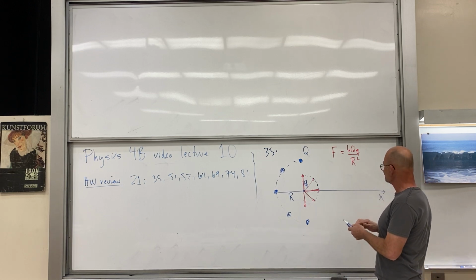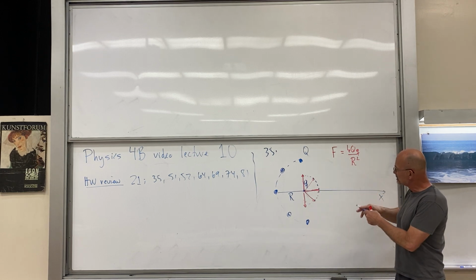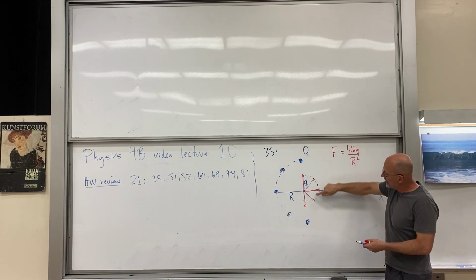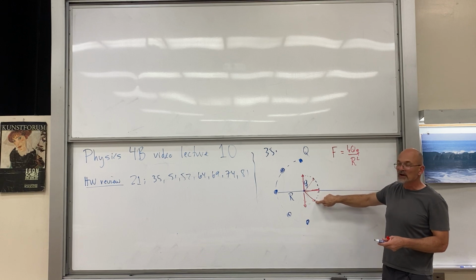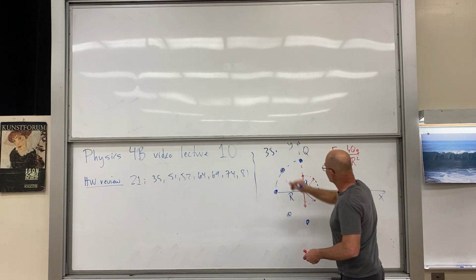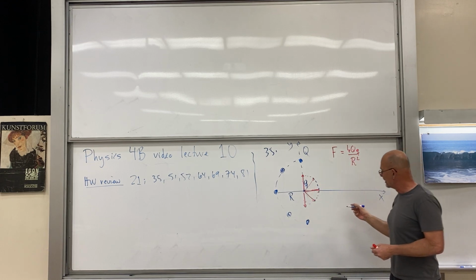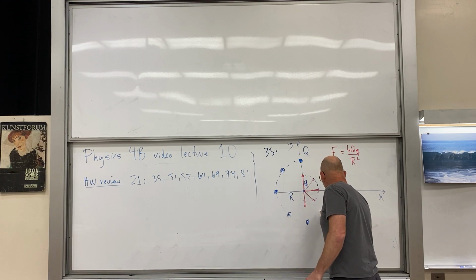So here goes. The net force by symmetry is in the x direction because these two here have a cancellation along the y-axis. We could define a y-axis like that. The resultant is all in the x direction, and we should be able to just write it down.